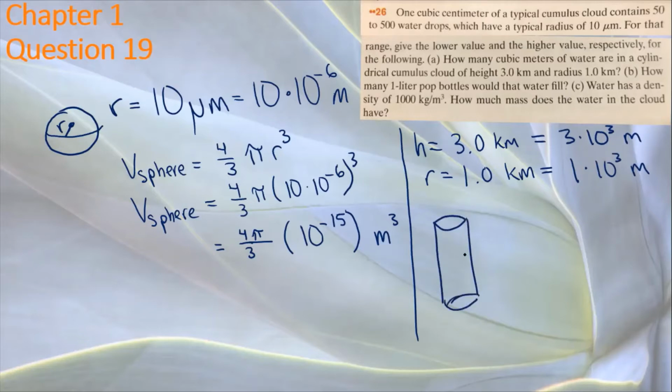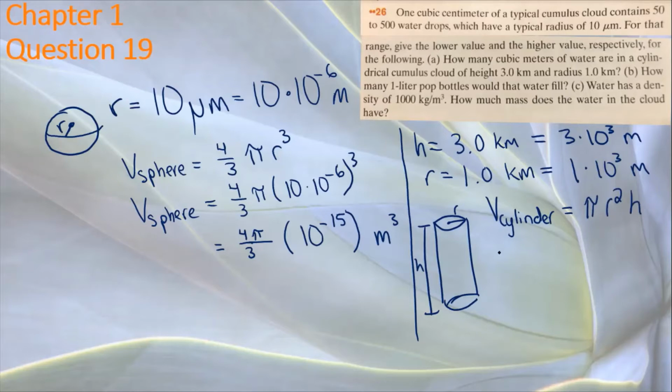Now here is our cylindrical cloud with radius r and height h. And the volume of a cylinder is equal to pi r squared times h.